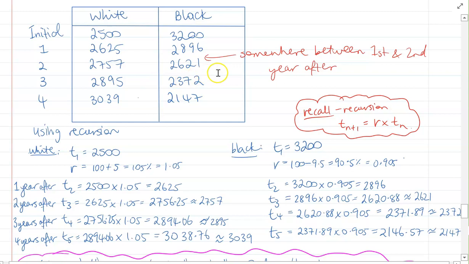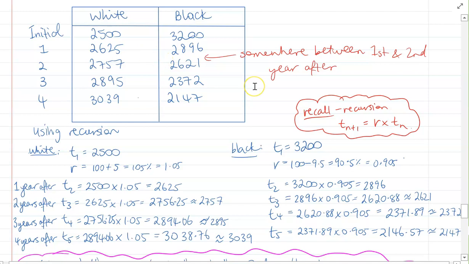And to answer the question, because this is like a trial and error recursion question, somewhere between the first and second year, the populations will become equal, and sometime between the first and second year, the white moth population will exceed the black moth population.